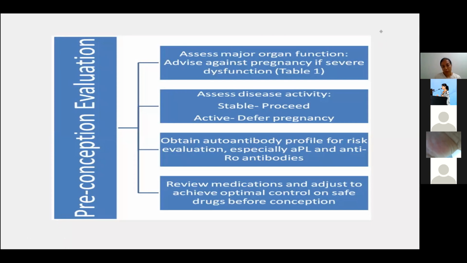If the disease is stable, then the patient can proceed. If the disease is active, the pregnancy should be deferred. An autoantibody profile should be done to evaluate the risks, especially the antiphospholipid antibodies and anti-Rho antibodies. And before pregnancy, the medications should be reviewed and adjusted to achieve optimal control on safe drugs before conception.